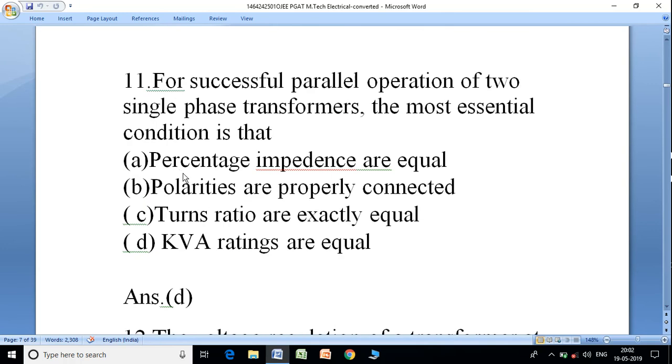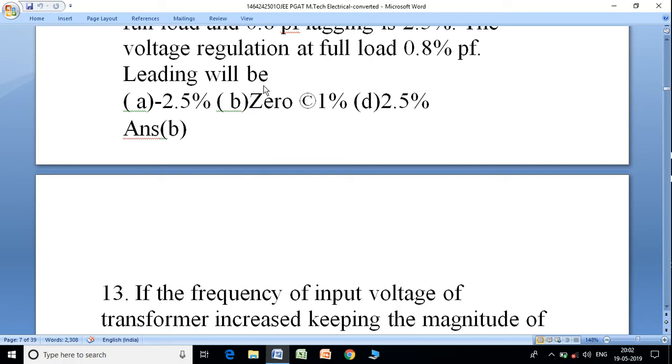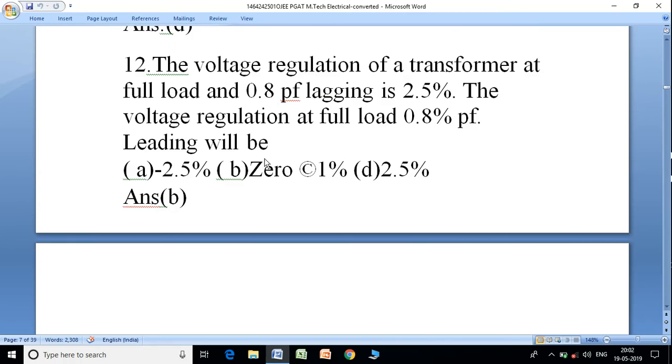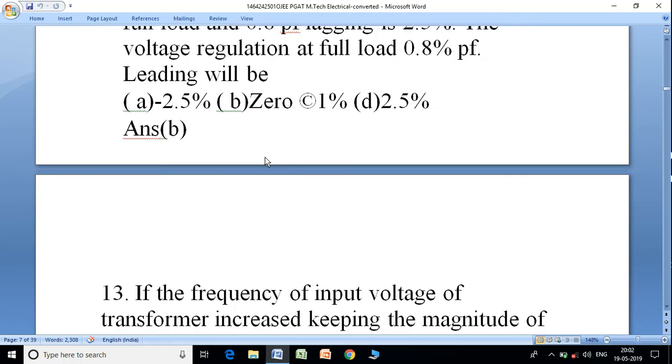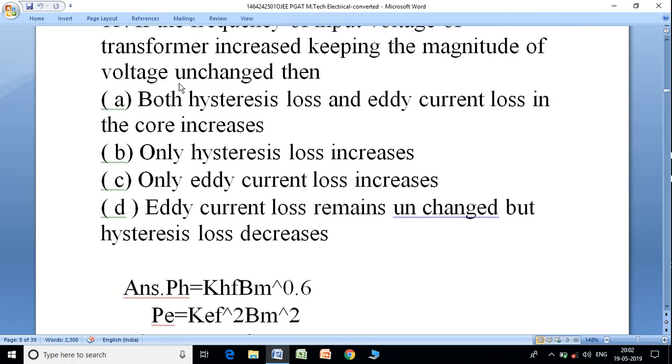This is the most suitable answer. Next question. The voltage regulation of a transformer at full load at 0.8 lagging power factor and voltage regulation at full load 0.8 power factor leading will be 0, because zero voltage regulation is possible only with leading power factor. Therefore, answer B is the correct answer.